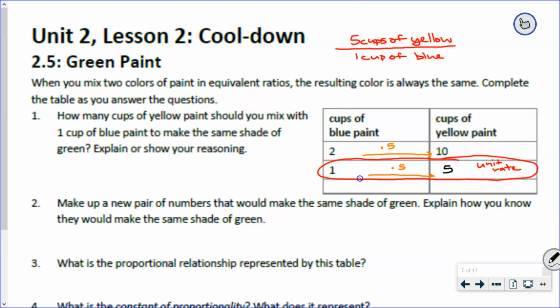Now, we could have picked any number of things here. I don't really care which one you picked. I'm going to make it challenging, and I want to know, what if I'm only going to use 1/4 of a cup? Because I don't have very much blue paint. So if I only use 1/4 of a cup of blue paint, how much yellow paint am I going to need? You guys are quickly typing it into your calculators.